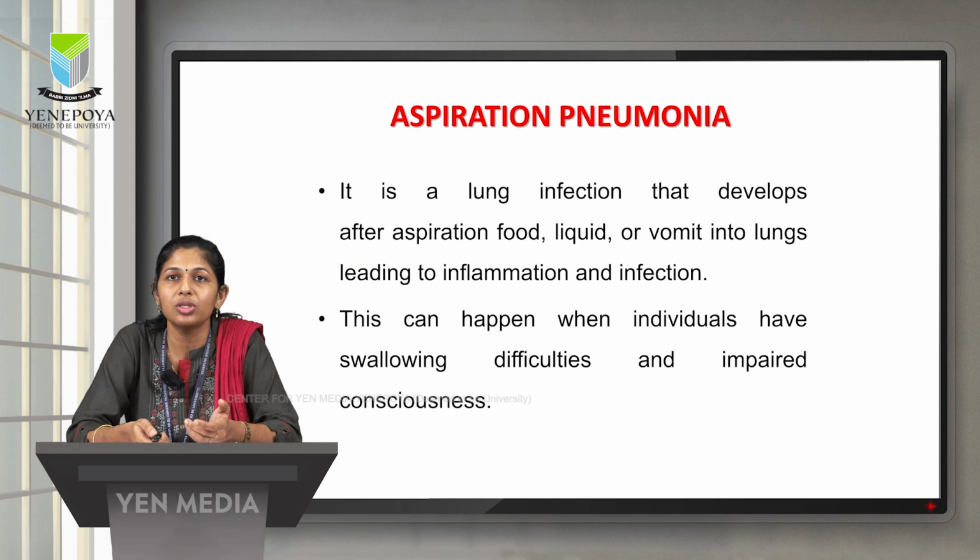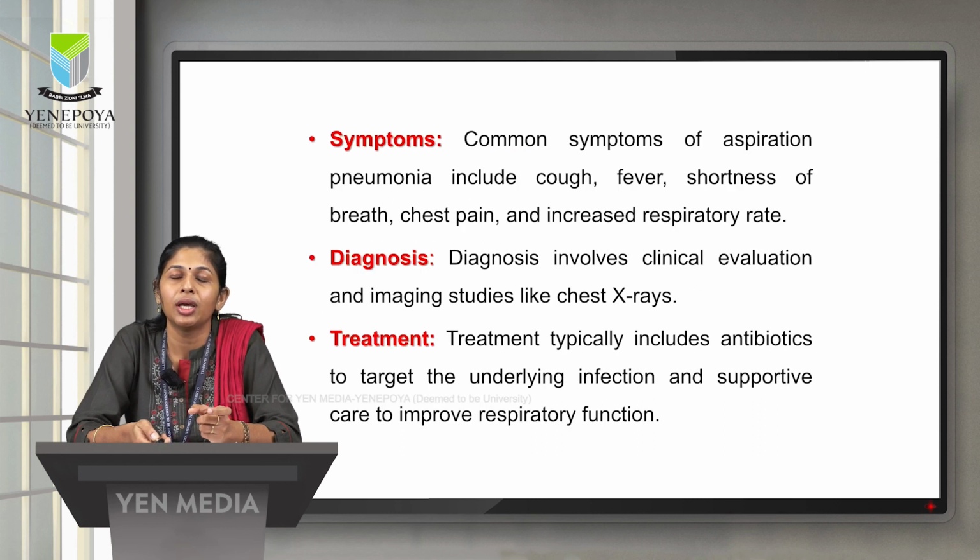Aspiration pneumonia also occurs in individuals who have swallowing difficulty or dysphagia and impaired consciousness. These types of patients have chances of developing aspiration pneumonia. Then what would be the signs and symptoms? The most common symptoms include cough, fever, shortness of breath, chest pain and increased respiratory rate.